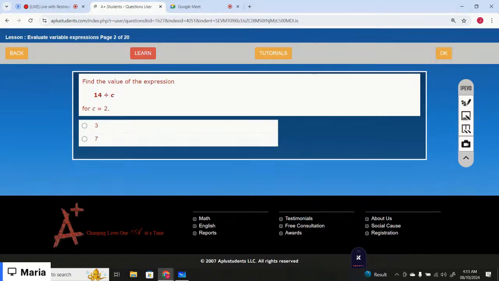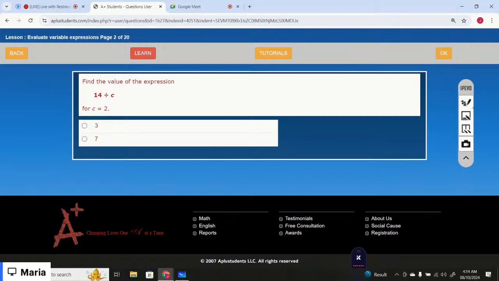The next one is find the value of the expression 14 divided by C for C equals 2. So which is the correct option? Replace the variable C with a value that is 14 divided by 2.